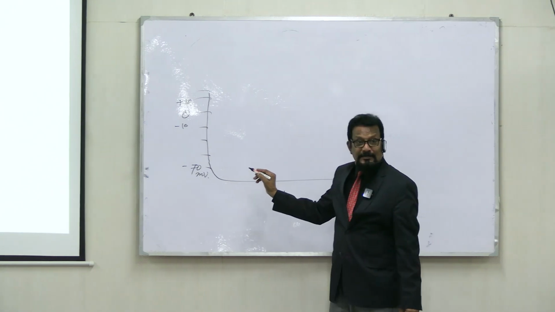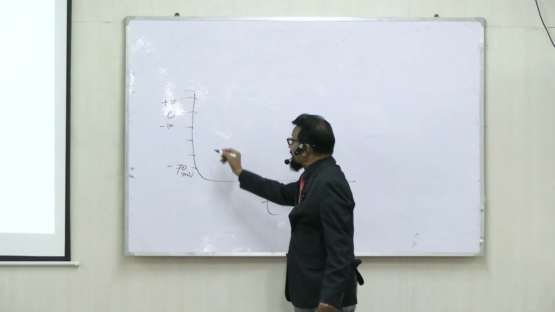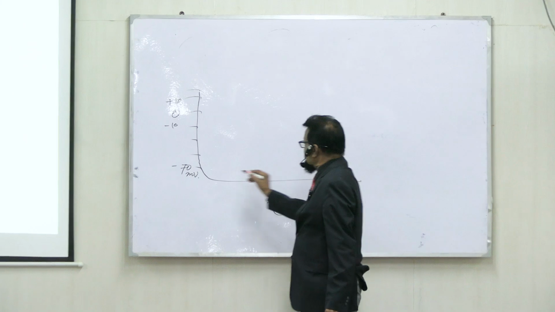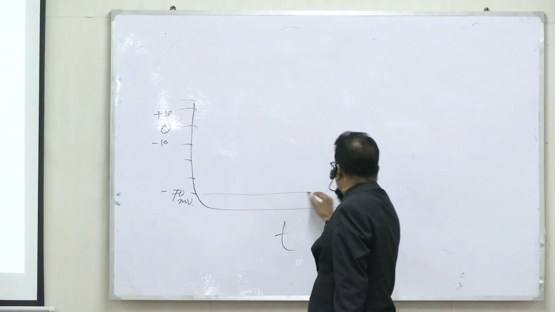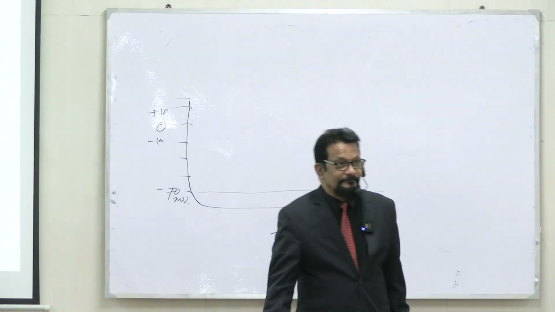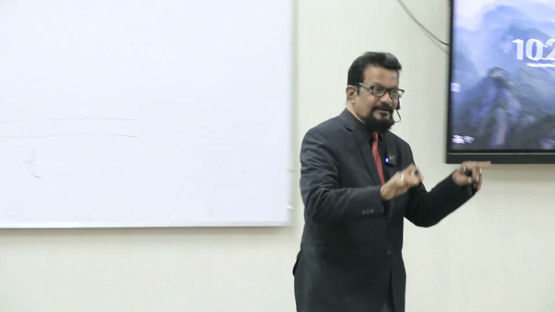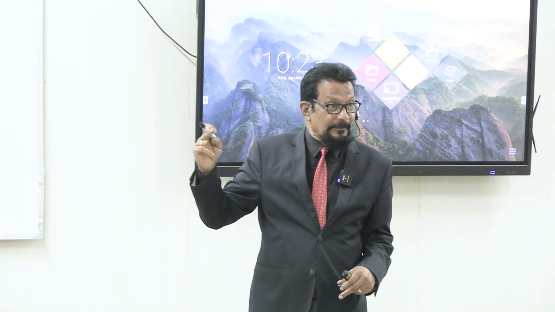We are recording resting membrane potential over time, so there will be a straight line. There will not be any change since it is resting. Every time the difference is minus 70 millivolt.